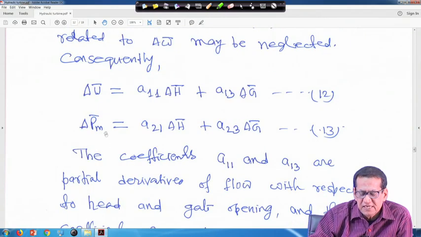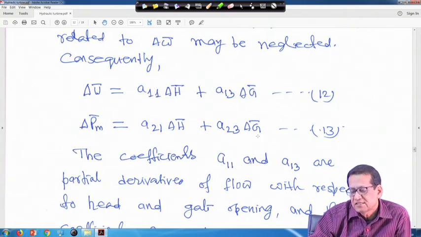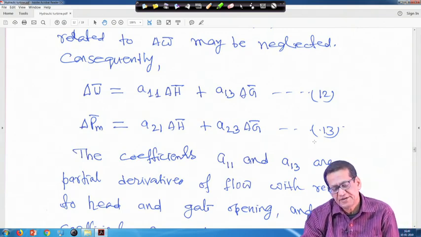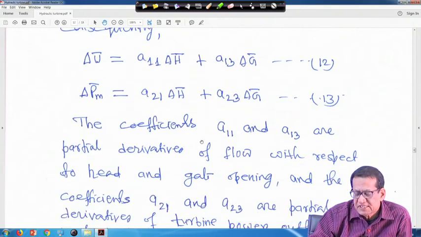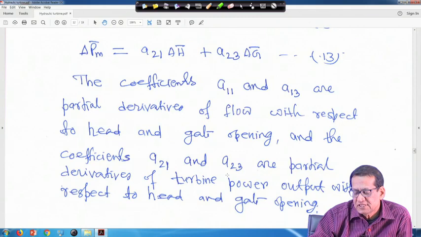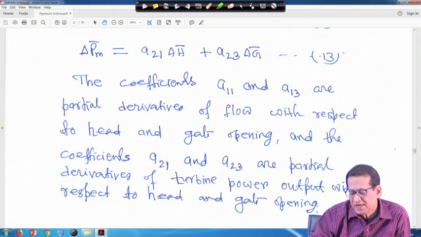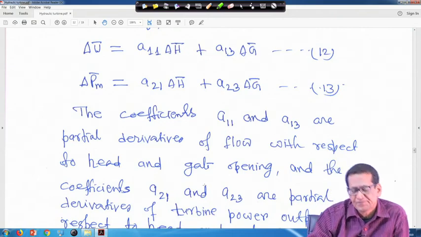Similarly, delta p m bar is equal to a 2 1 delta h bar plus a 2 3 delta g bar. This is equation 13, right. So, the coefficients a 1 1 and a 1 3 are partial derivatives of flow with respect to head and gate opening, and the coefficients a 2 1 and a 2 3 are the partial derivatives of turbine power output with respect to head and gate opening, right.